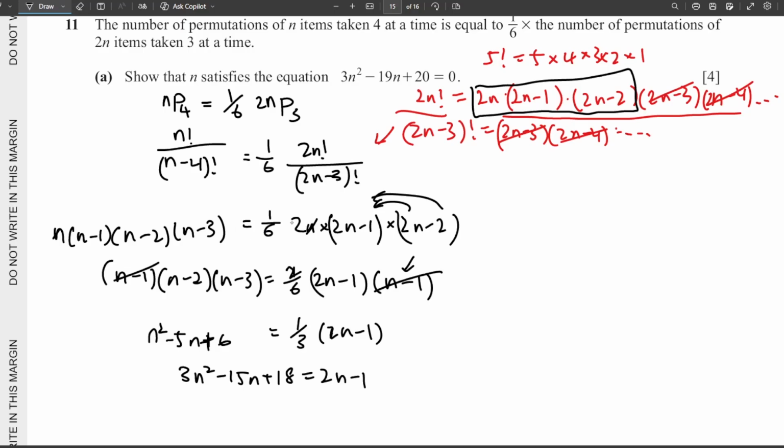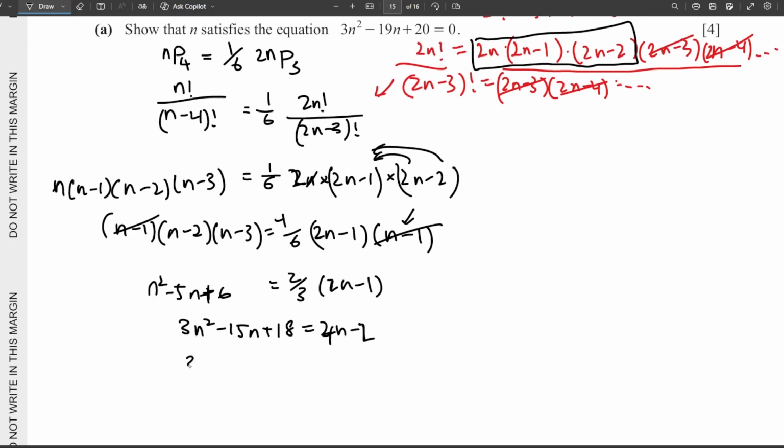This 2 is gone already, but this 2 I factor out again, so I'll have an extra 2 here. So here becomes 4, here becomes 2 over 3, and on my right hand side here becomes a 4 and 2. Alright, so 3n squared minus 19n plus 20.